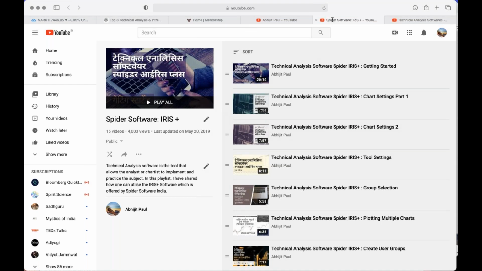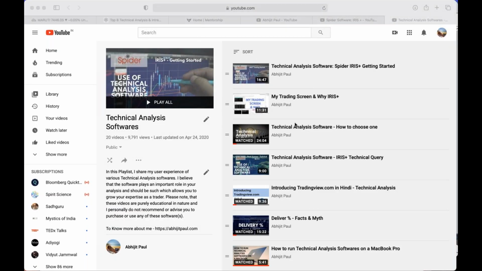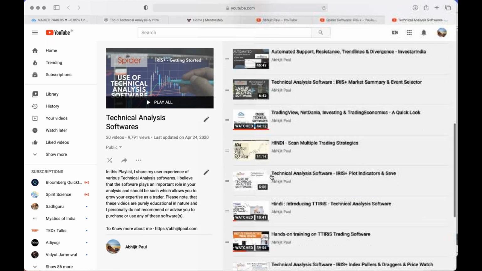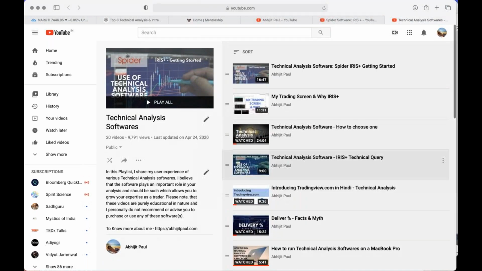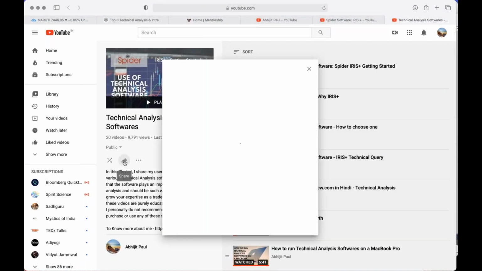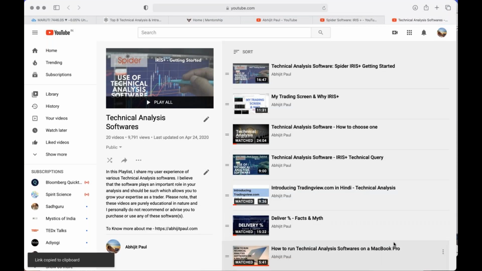This is in Hindi, and there happens to be another playlist which is a little jumbled up because it's got Spider software, it's got some bits and pieces of other softwares also. That's why it's a little mixed up, which is this playlist. I'll always suggest go with the Hindi playlist because it's very concentrated on Iris Plus and only Iris Plus.